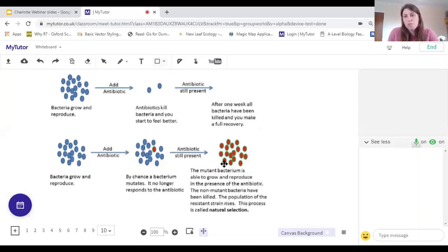Because all of the others have been killed, there's no competition, so they have all the resources that they need. And so the population of the resistant strains rises. You get lots of these bad bacteria that you can't kill with the antibiotic. This is natural selection in bacteria, but because bacteria reproduce so fast, this can happen quite fast.